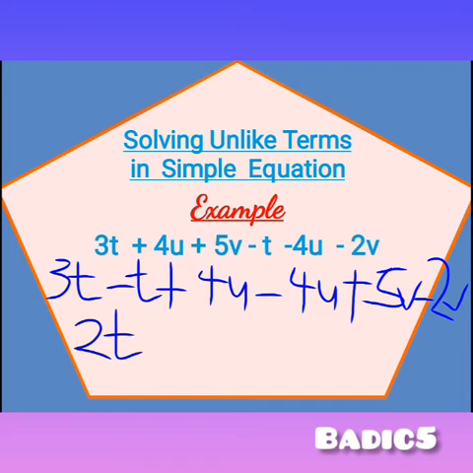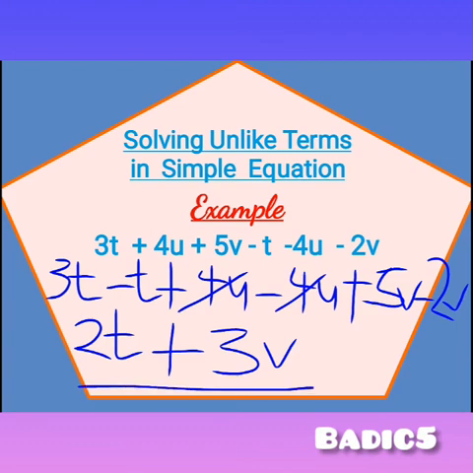What should you do? 4 minus 4 is 0. So we cannot have any answer with variable u. Plus 5v minus 2v is 3v. We have simplified this equation. Final answer, 2t plus 3v.